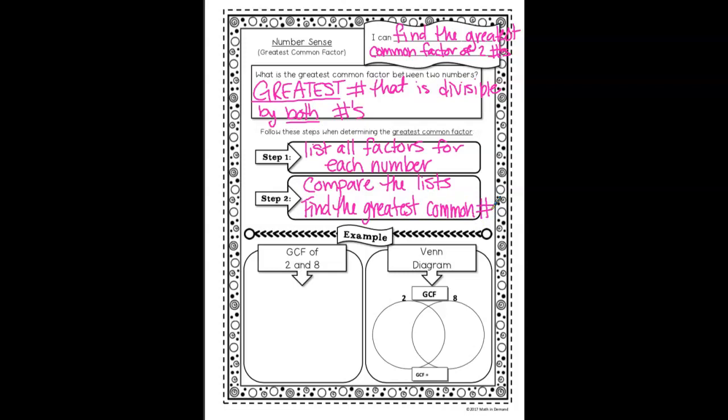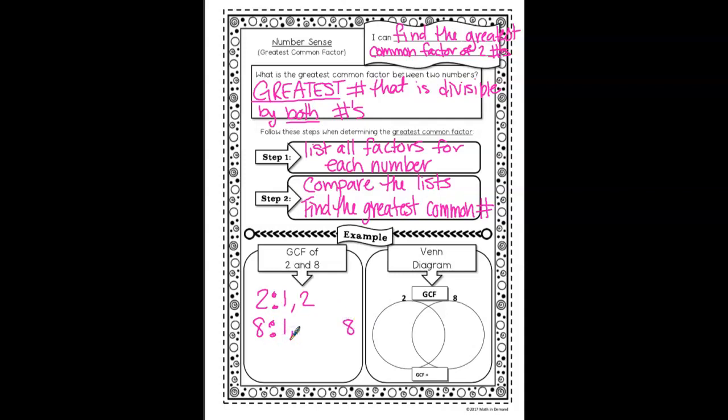Okay, so an example, 2 and 8. If I list out my factors of 2, factors, remember, are what you can multiply to get that number. So 1 times 2 gives me 2, and there's nothing else that I can multiply to get 2. So then I list out my factors of 8. I can multiply 1 times 8.